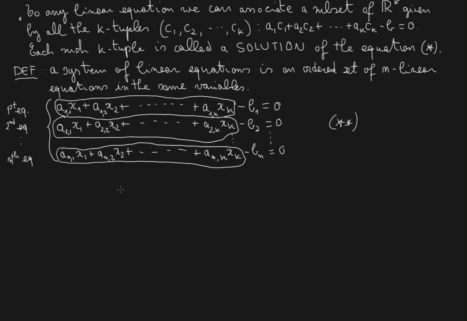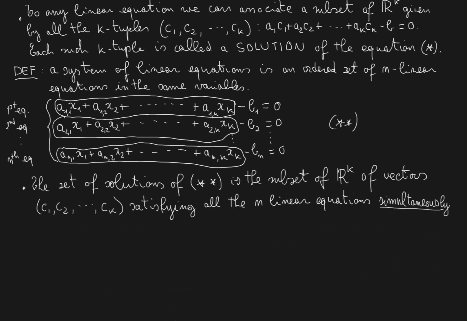What is the analog of a solution of a linear equation in the case of a system of linear equations? The analog is the following. The set of solutions of double star, which is this system of linear equations, is the subset of Rk of vectors c1 through ck, satisfying all the n linear equations simultaneously.